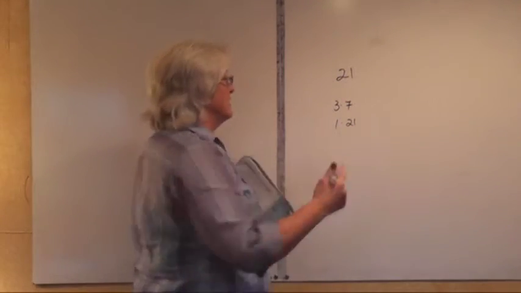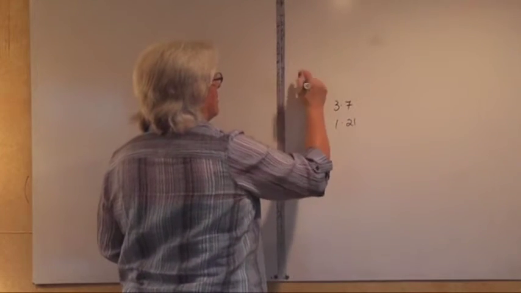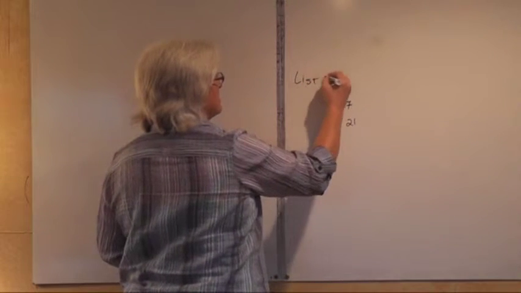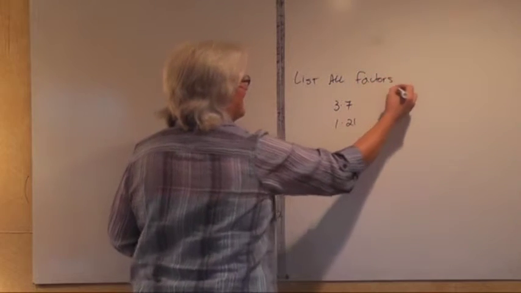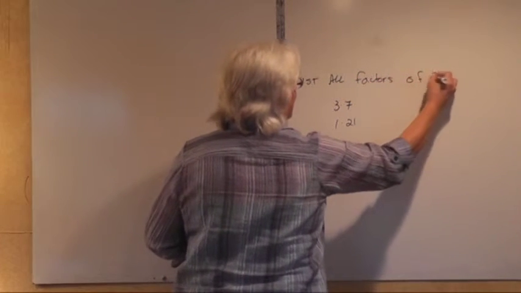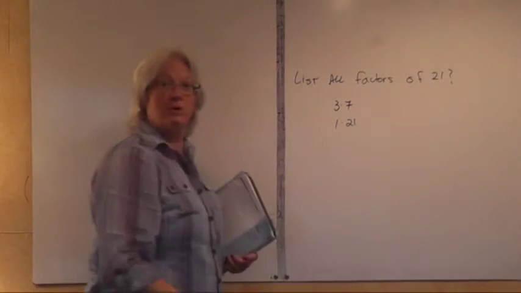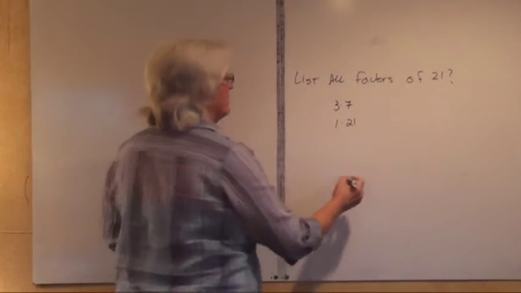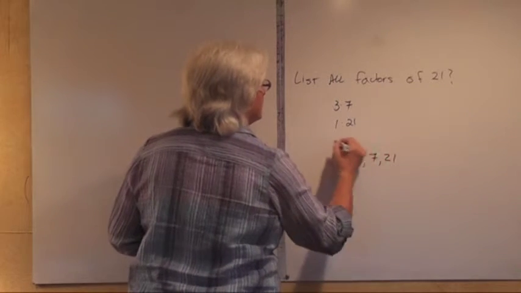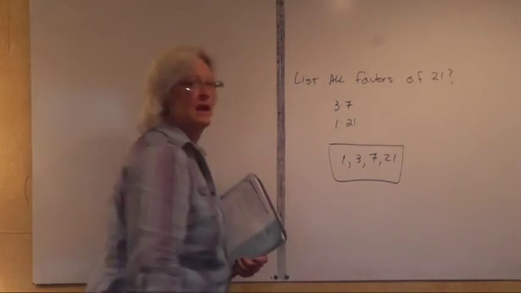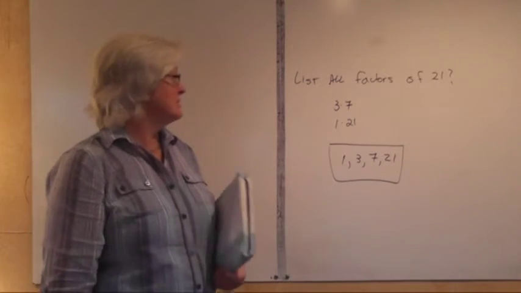So if we wanted to list all factors of 21, you would list them in order: 1, 3, 7, and 21. And that would be your solution.